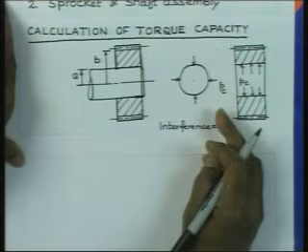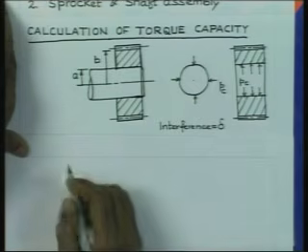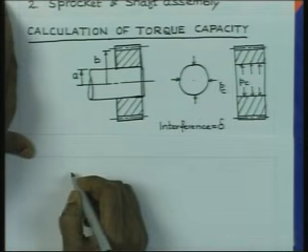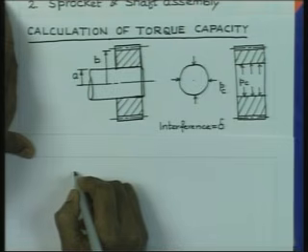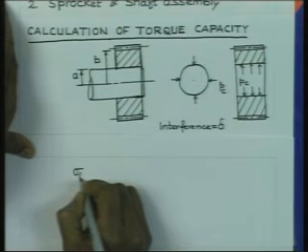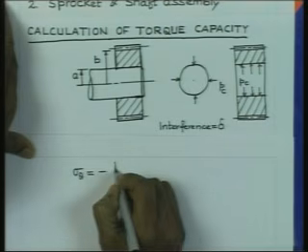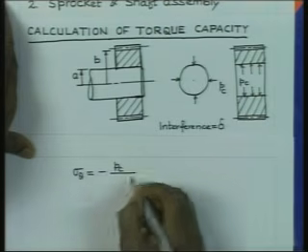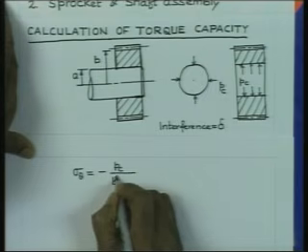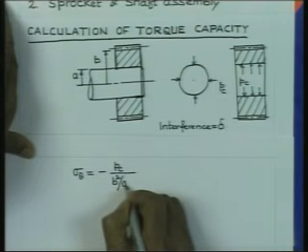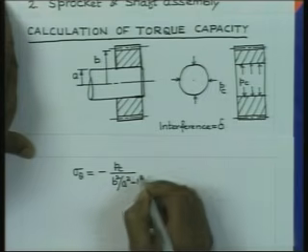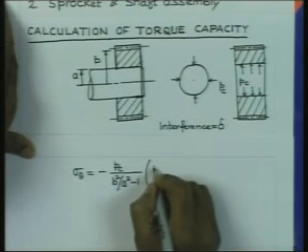Now, if you consider this is nothing but a cylinder with external pressure. So, if we just consider now the formula that we have derived for sigma theta for a externally pressurized cylinder was like this. If it is having B and A as the radii, then we had the formula like this.